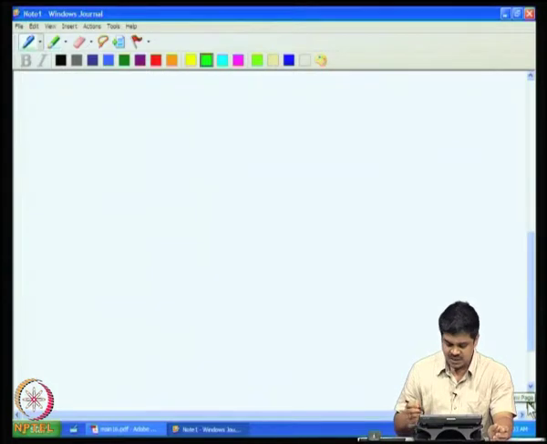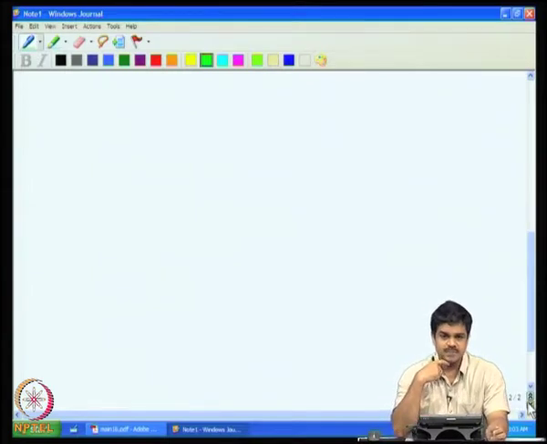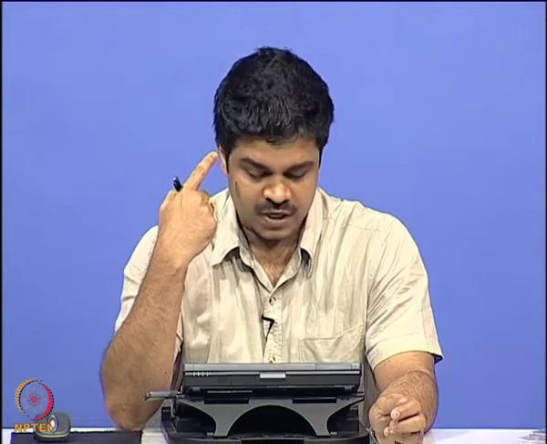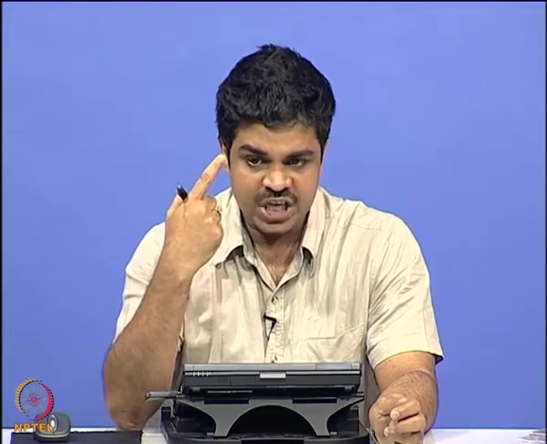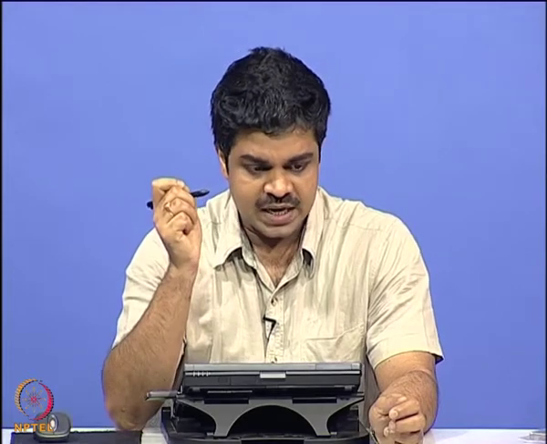But in the case of edge coloring, first of all we should notice that edge coloring is only a special case of vertex coloring. For instance, consider the line graph of the graph. What was the line graph? Each edge of the graph becomes a vertex, and whenever two edges are adjacent, the corresponding vertices are made adjacent.